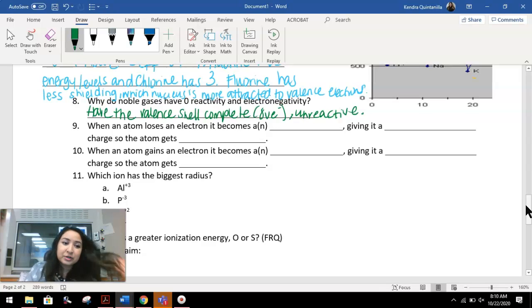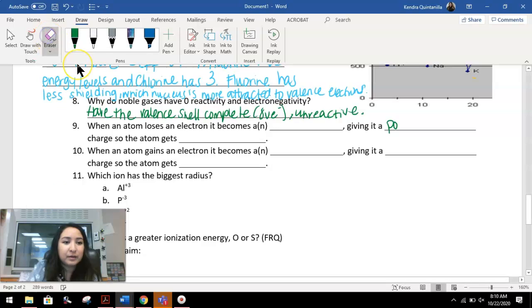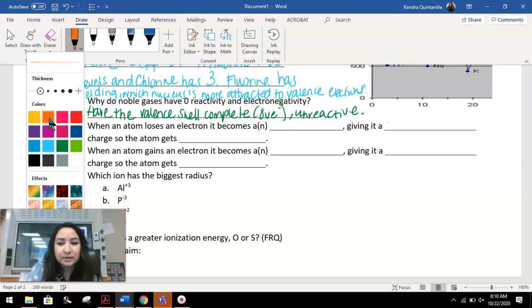All right, let's look at question number 9. It says when an atom loses an electron, it becomes blank, giving it a blank charge, so the atom gets blank. So when an atom loses an electron, it's losing one of the negative charges. So the overall charge would be positive, giving it a positive charge.